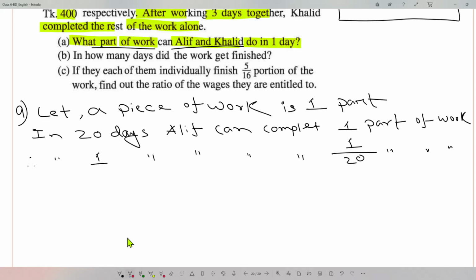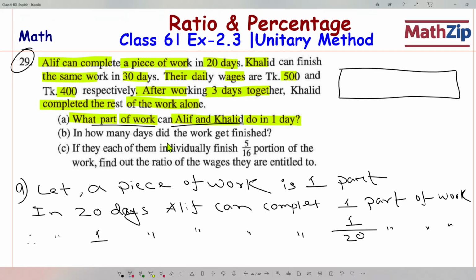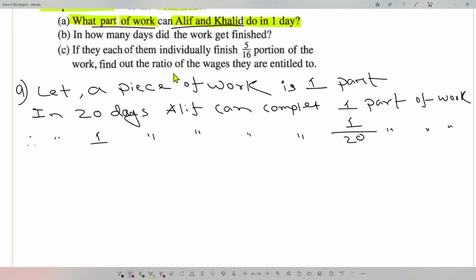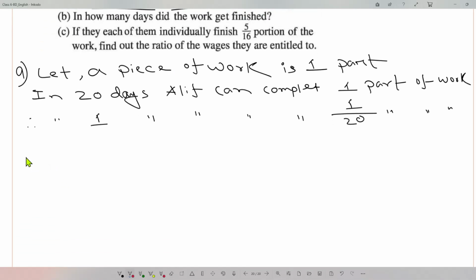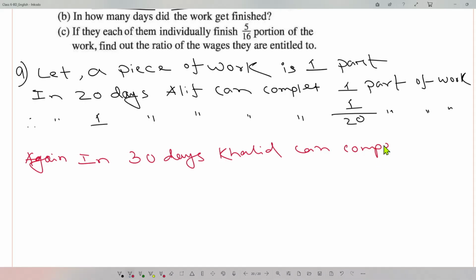So Khalid can finish the same work in 30 days. Again, in 30 days, Khalid can complete one part.